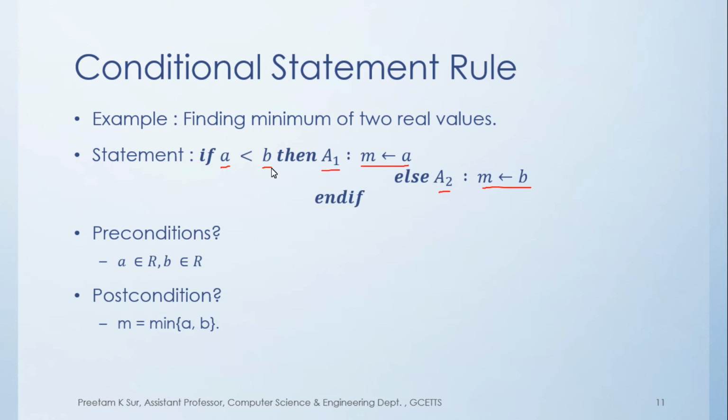If you look at the algorithm and what the statements are doing, it is basically trying to find the minimum of the two real values and storing that value in the variable M. So the post condition will be M equals minimum of A and B. Whichever is minimum should be stored in M. Okay.